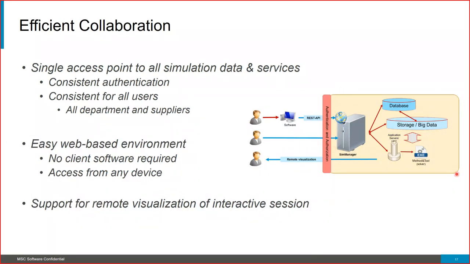By having everything stored on a central server, you have a single point of truth for all of the data that you generate. So it becomes immediately customer data or company data rather than individual user data.